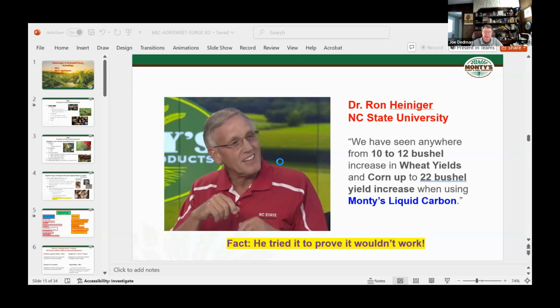So this is the beauty of our program when using the liquid carbon MLC, and then together feeding the biology in the soil, which is with Agrisweet, the sugar, and especially in the north part, we're using Surge and sugar, and helping to build that environment underneath that root mass to flourish.